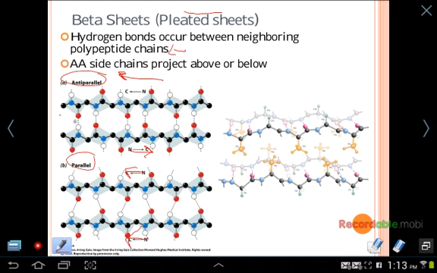As you can see, hydrogen bonding is different because in the anti-parallel you have direct hydrogen bonding between the two strands.